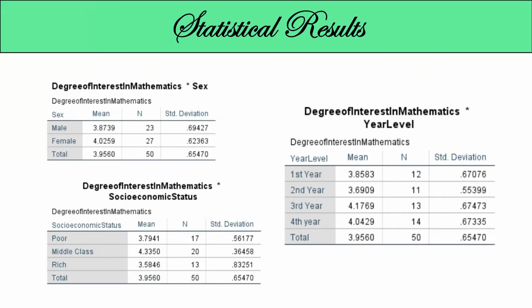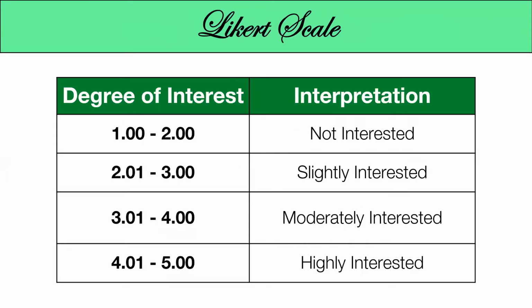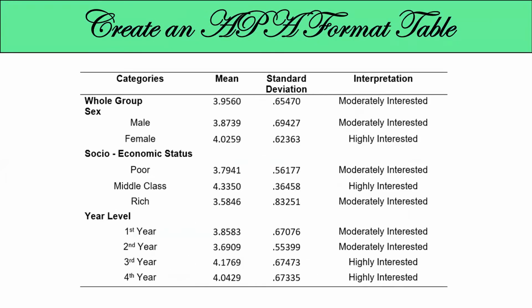So here it is. Here in the table, the mean, the SD, the mean, the SD. So actually it's the same with our table and here. And then if you interpret that, 3.8739 is of course moderately interested and 4.02 is highly interested.